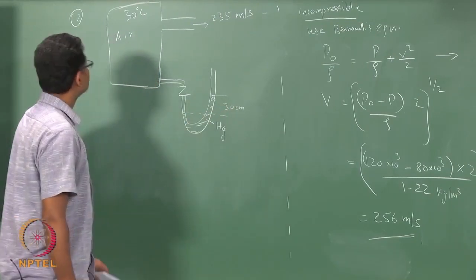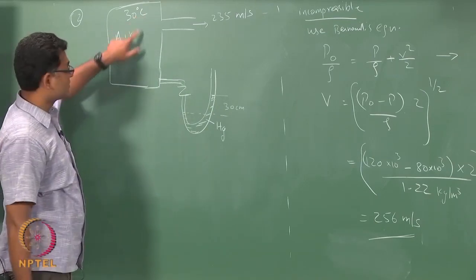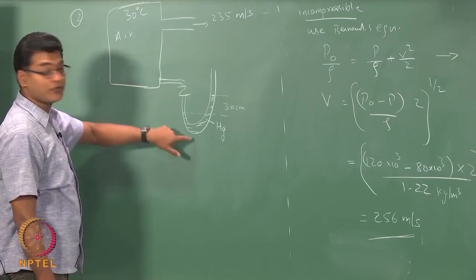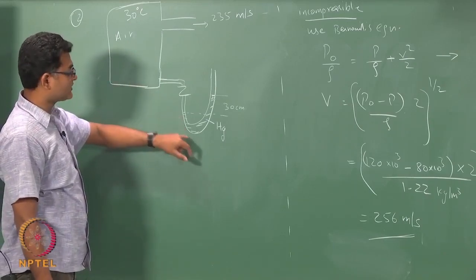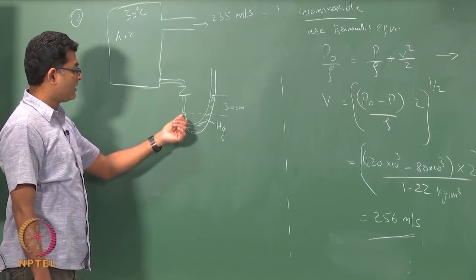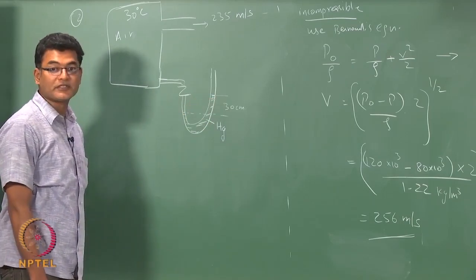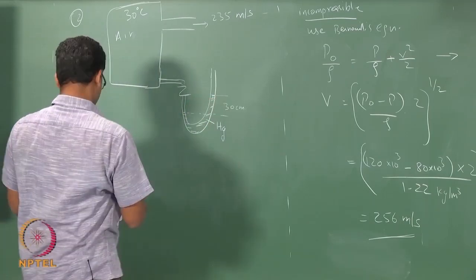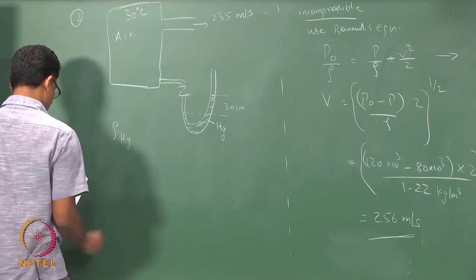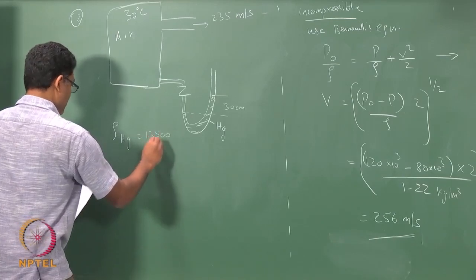I have measured my temperature here, 30 degrees. Now, I am going to measure the pressure inside the tank using a U-tube manometer, which uses mercury as your fluid, and the head difference is 30 centimeters. So, you will want the density of mercury to be this.